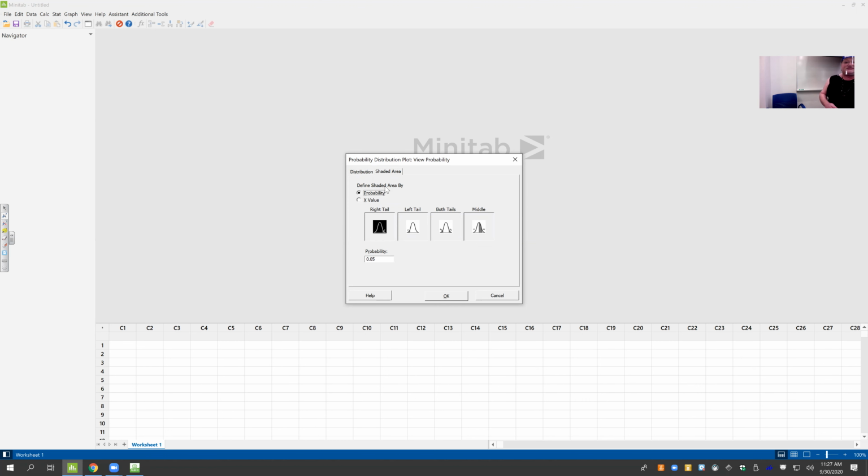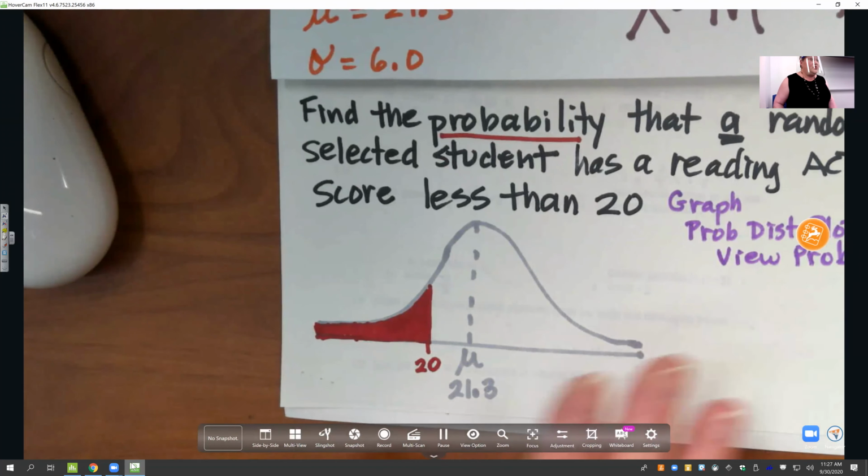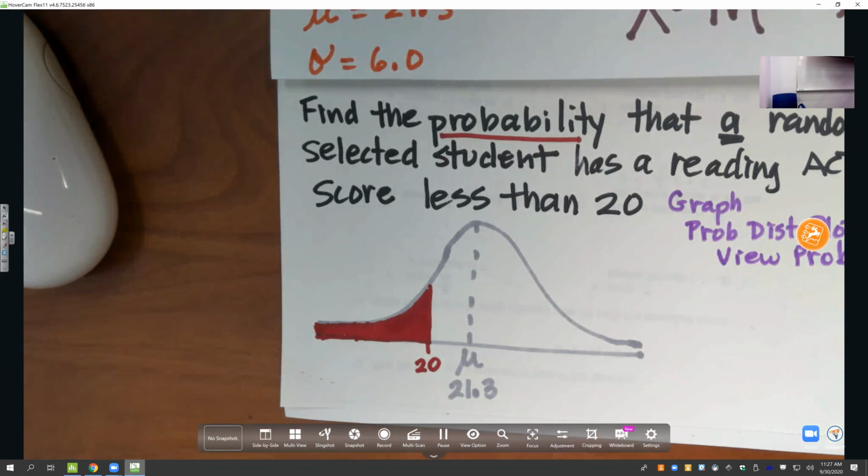But then I have to decide, should it be right tail, left tail, both tails, or the middle? Okay. The question said less than. And if we go back, let me see if I can toggle back. If you go back and look at the picture that we drew, where is that red shaded area?